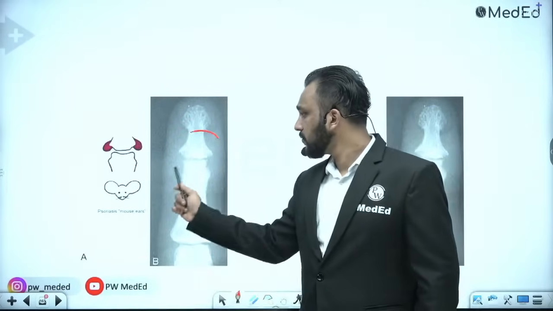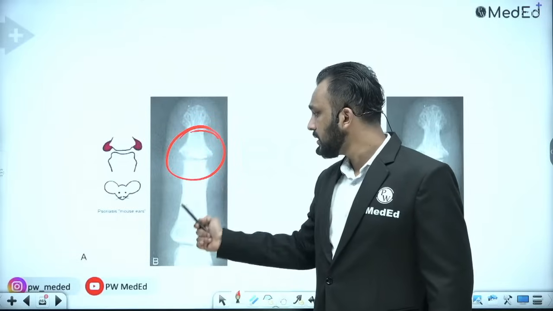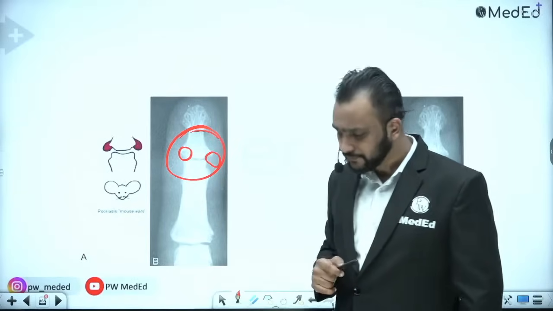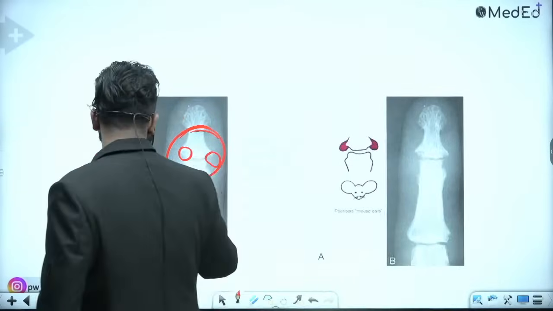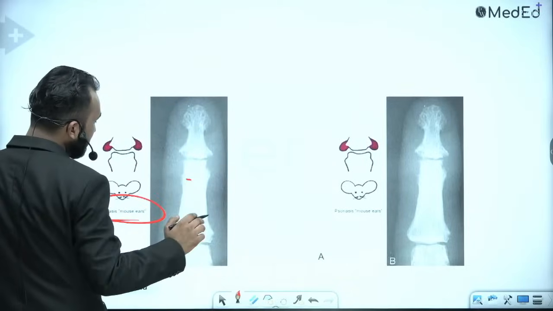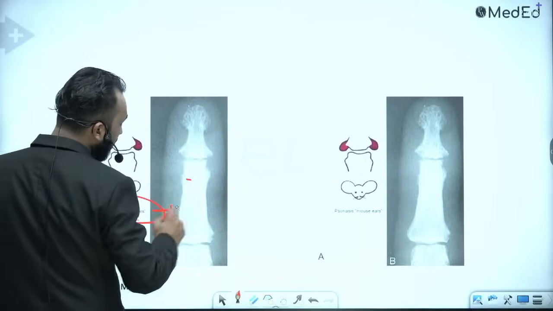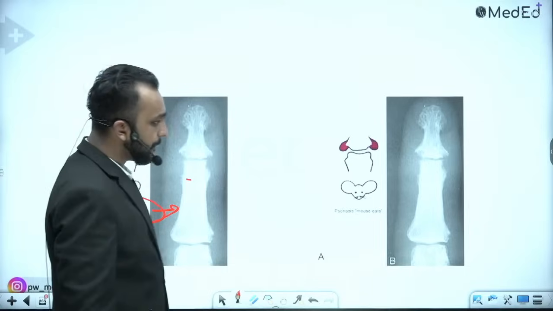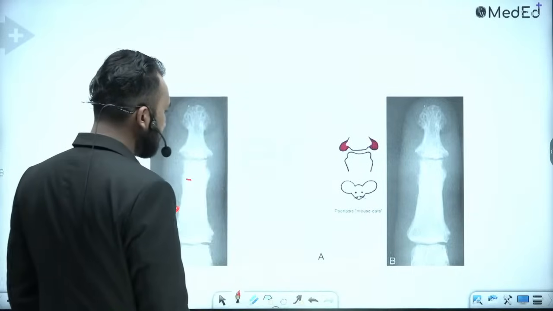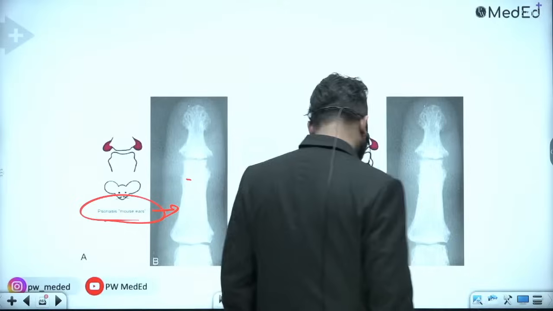This is the case of psoriatic arthritis, in which you will see erosions as well as periosteal reaction. This will give an appearance that is known as mouse ear appearance. Mouse ear appearance will be seen, right?